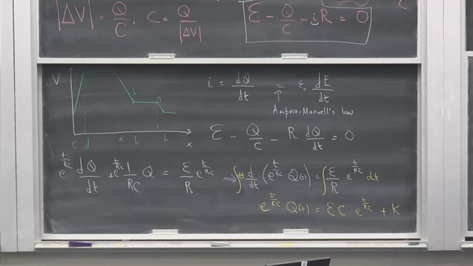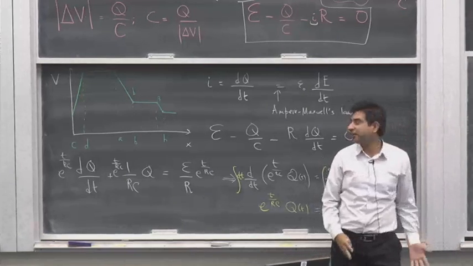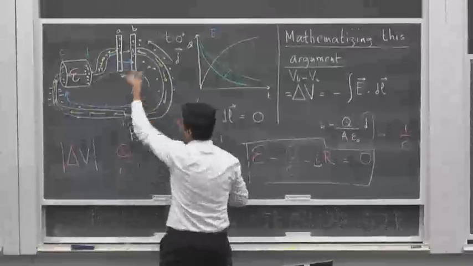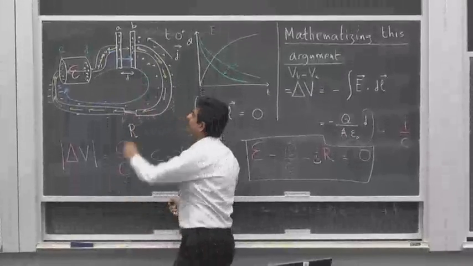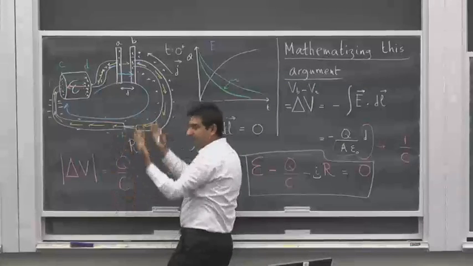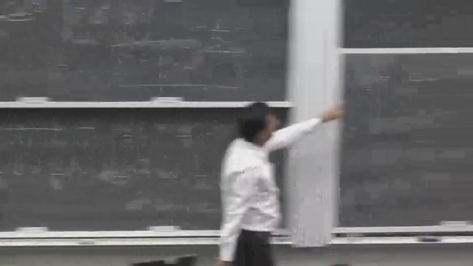Now I have to find out what this K is. If this capacitor is initially discharged, and this is the circuit that I'm talking about, as if I had just touched the two plates of the capacitor with my hand while standing on the ground, then at time t equals 0, the charge is 0.